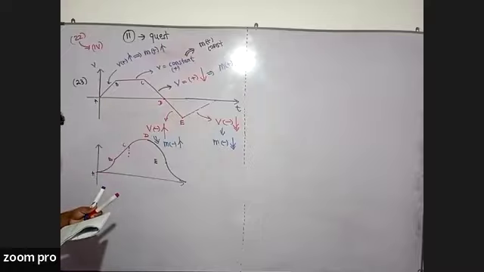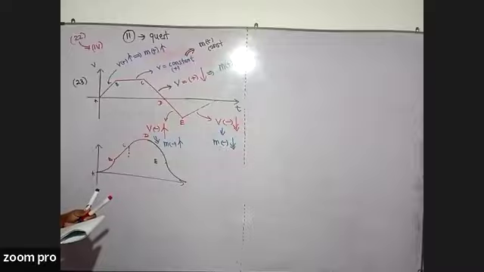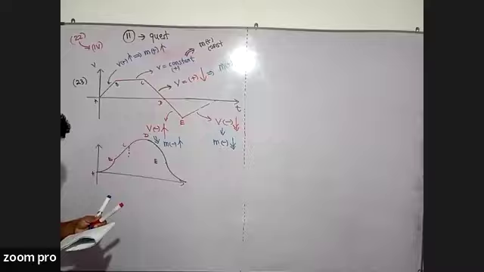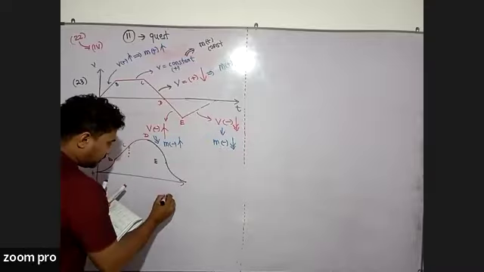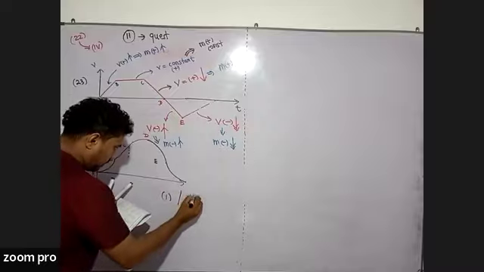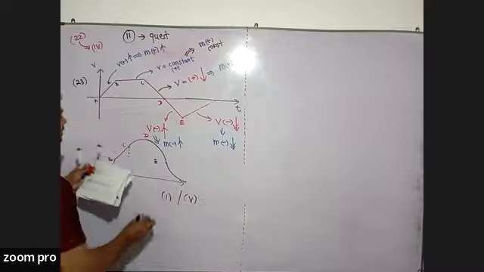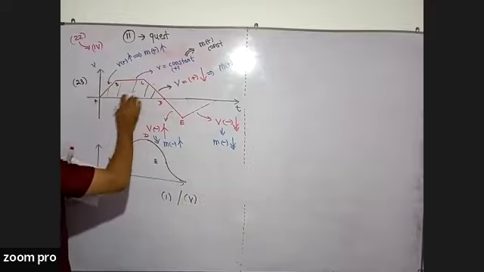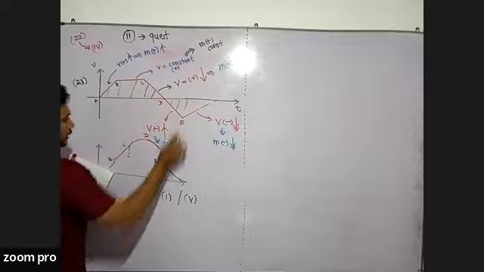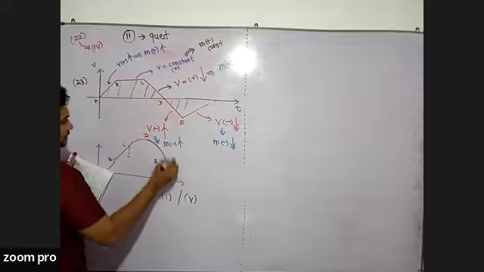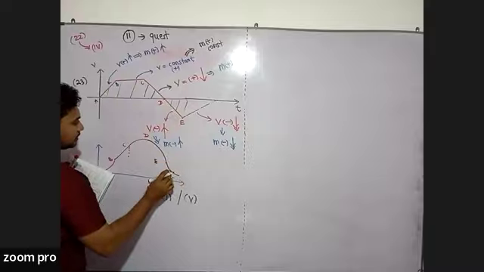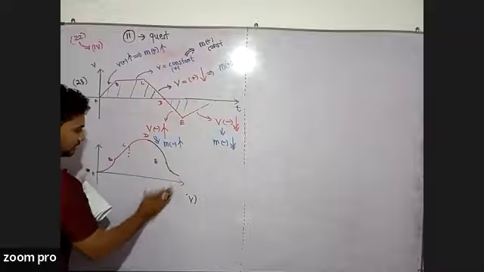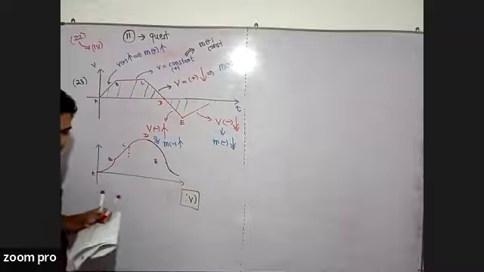Then it should be either 1 or 5. But you can figure out that the displacement in the positive area is greater than the negative area. That means the object doesn't come back to the initial position. So the fifth one is the best answer, right?